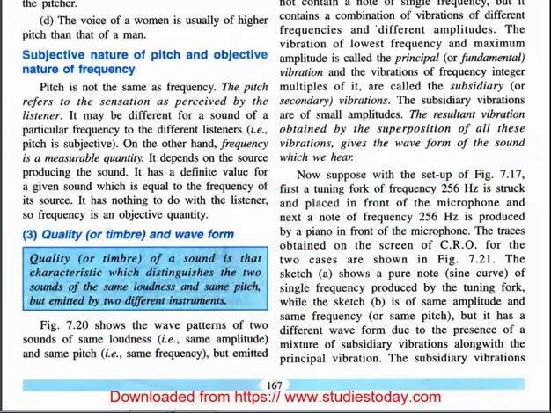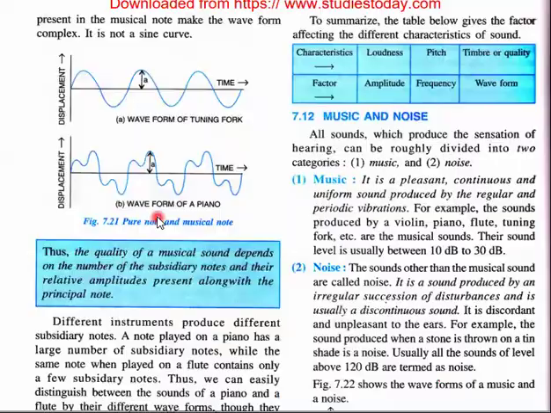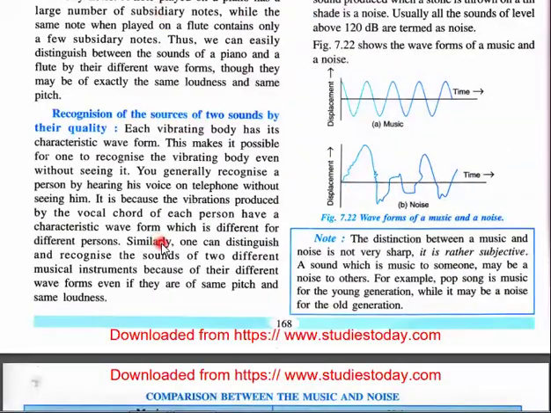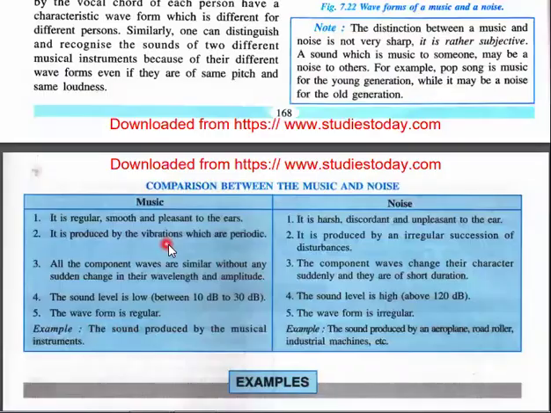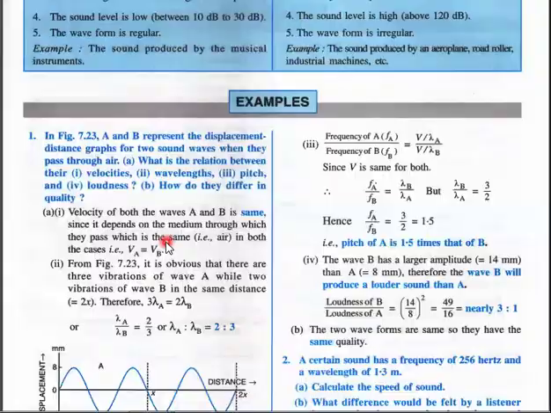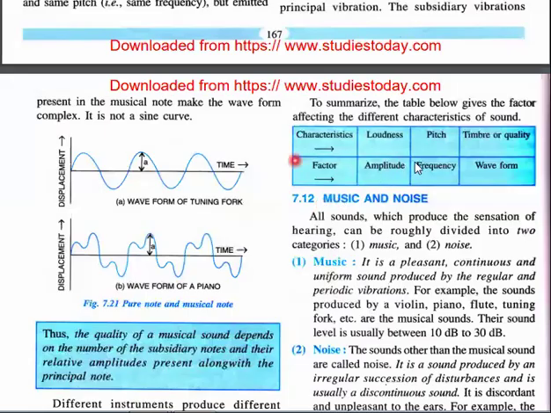Then we'll go down. Then I guess we finish this part. Okay, we have one more thing, that is the characteristic and the loudness. The characteristic of loudness, pitch, and timbre or quality.